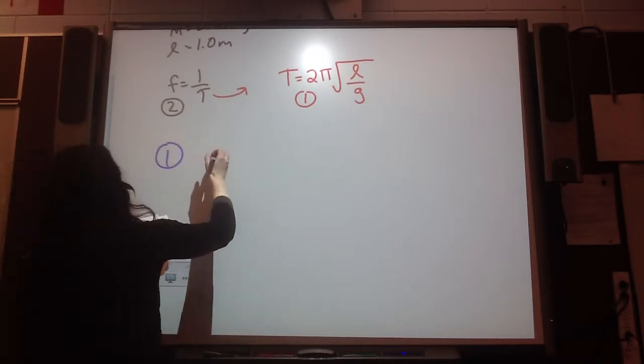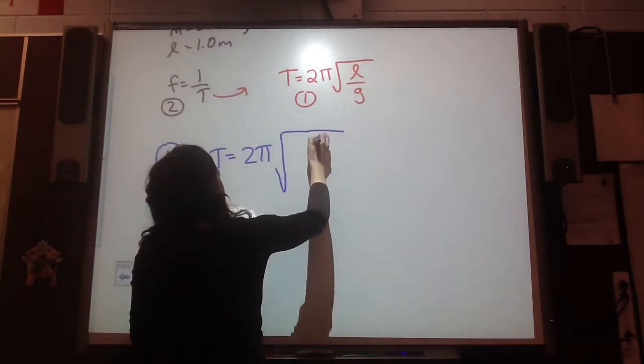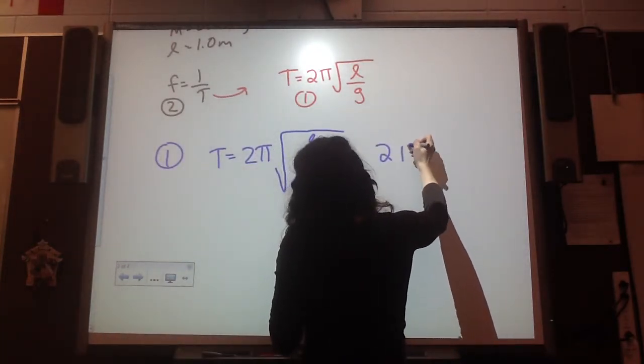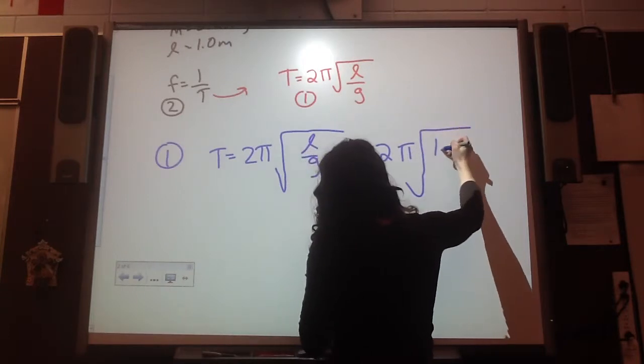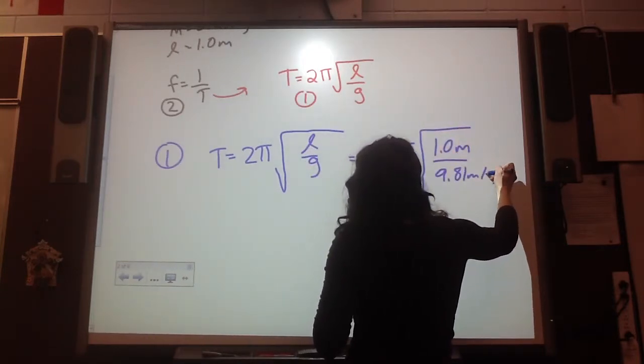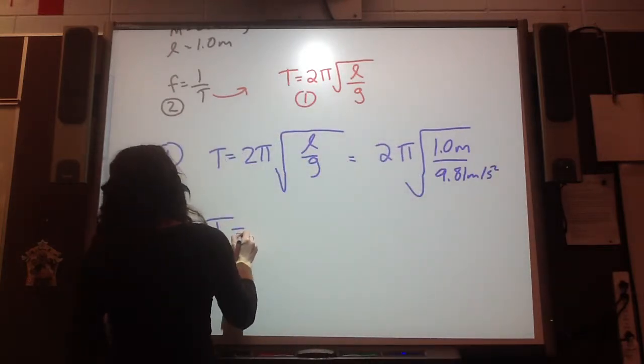So, number one, T is equal to 2 pi square root of L over G, which, if we plug that in, is 2 pi square root of 1.0 meters divided by 9.81 meters per second squared. So plug that into your calculator.